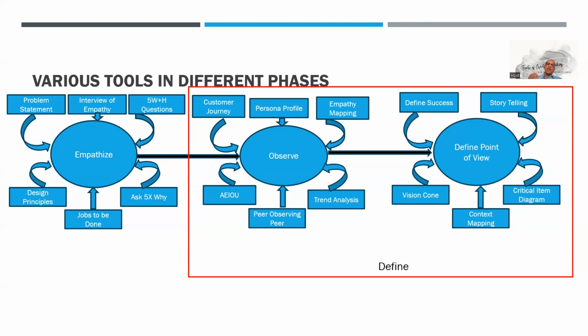Like in performance appraisal, what has been done, what one is doing, and what the organization is expecting from that particular resource in future. So that is a vision cone.